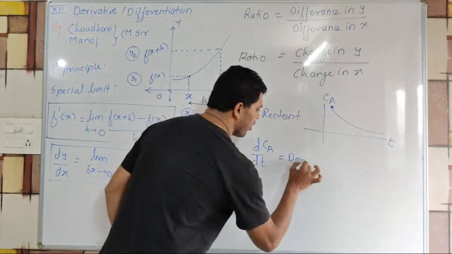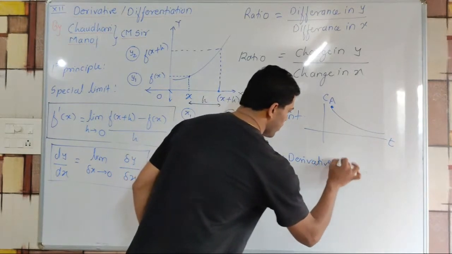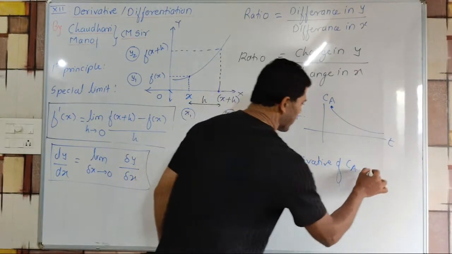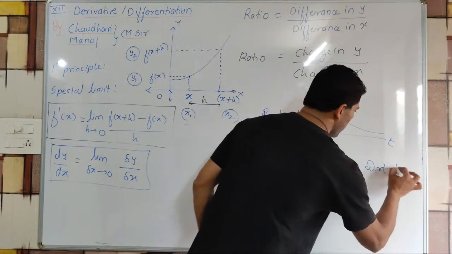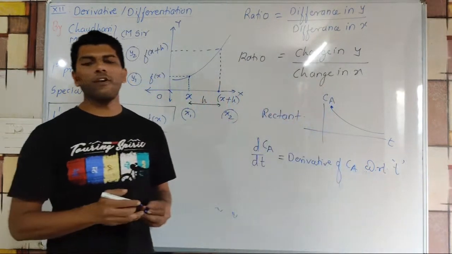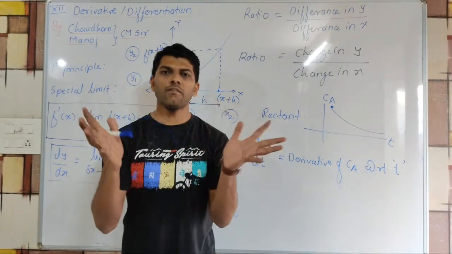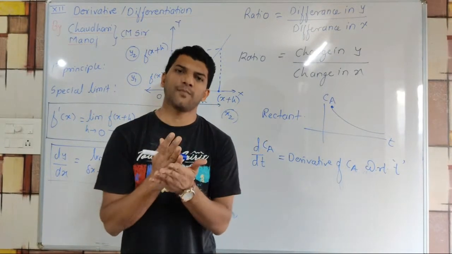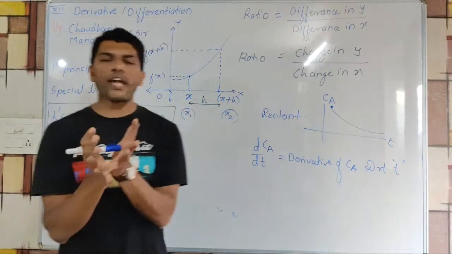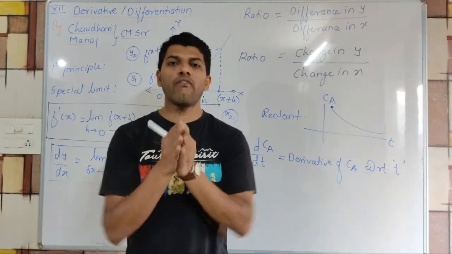And how to read it? It is a derivative of concentration of reactant with respect to time. So derivative plays a very important role in chemistry. What is your observation, friends? Maths is such an important language which plays a role everywhere.